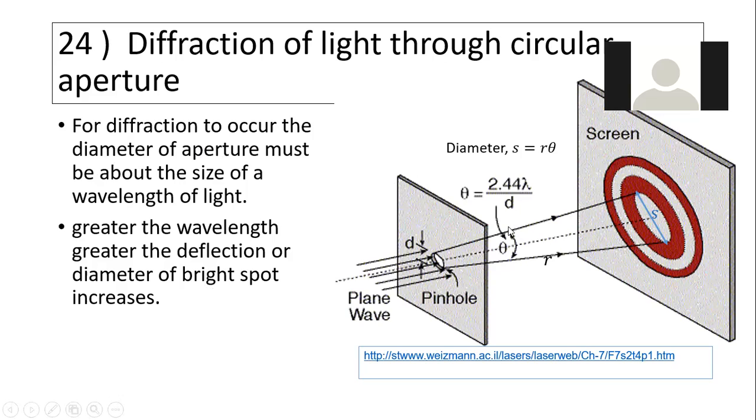When we say deflection, we are talking about this angle, or that diameter. If you imagine that is your center, that's your radius, so that s becomes your arc length. Arc length equals r times theta, where r is this radius and theta is this theta. So greater the wavelength, greater the deflection, greater this angle, or greater the diameter of the bright spot.